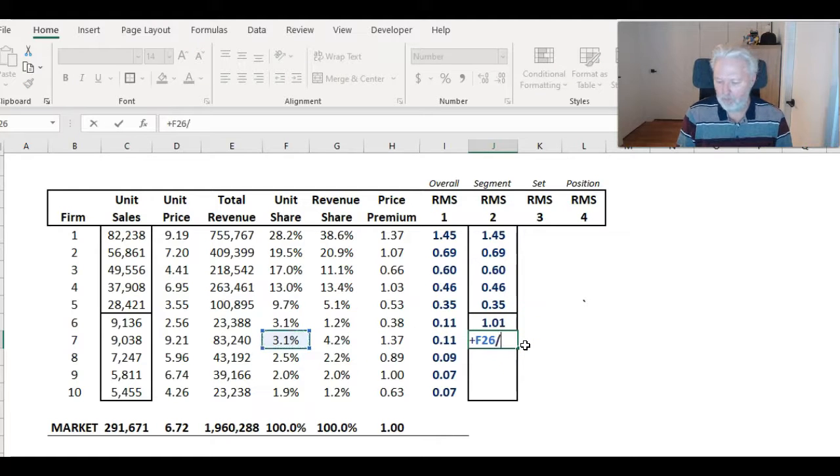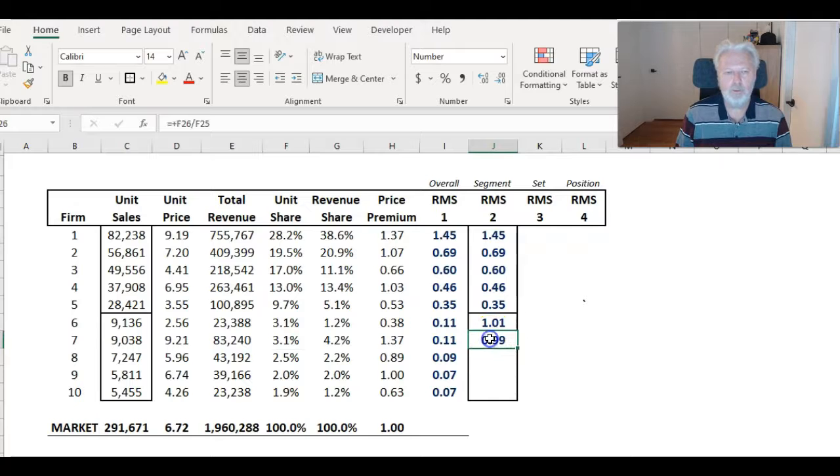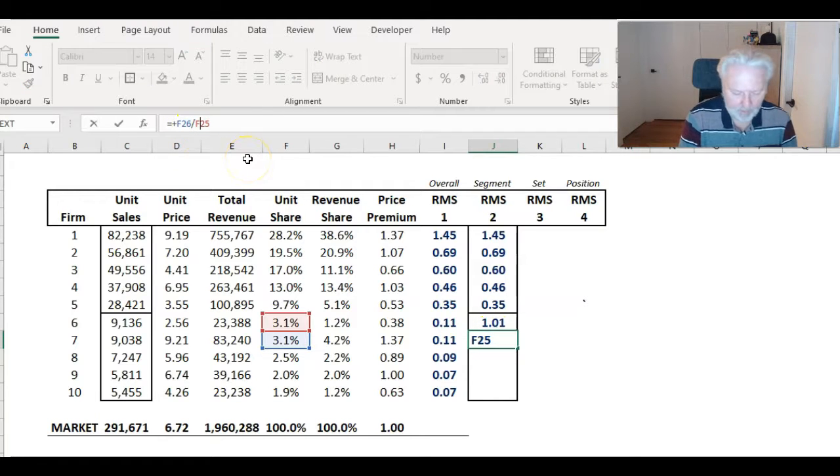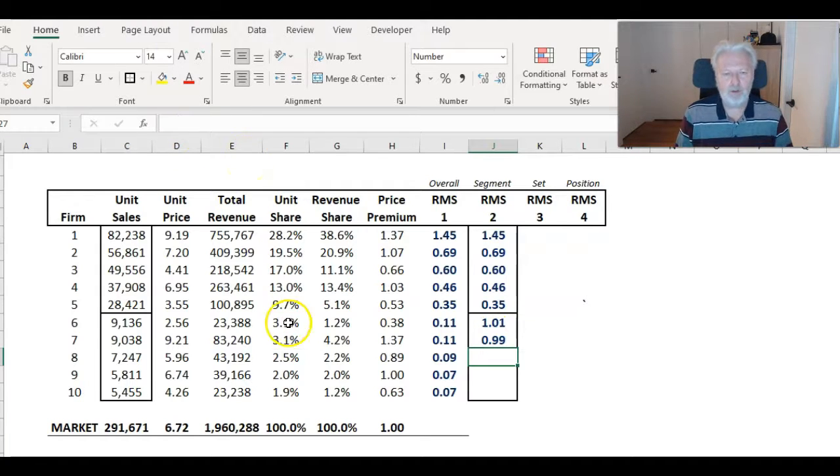And as I mentioned before, the second player and everybody else gets compared to the market leader, which is firm 6. Now those numbers are not quite 1 because in here they're fractionally different. And then we just copy that down.